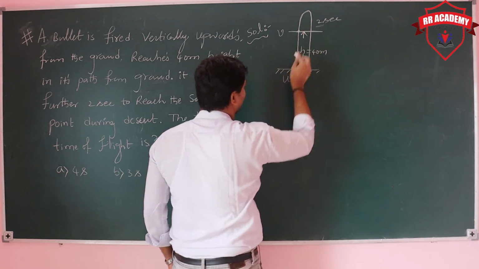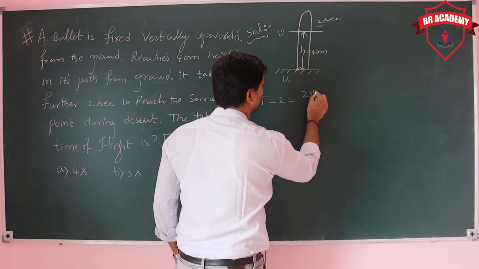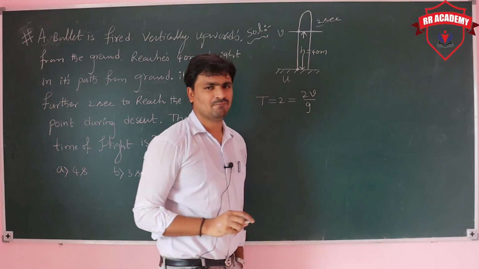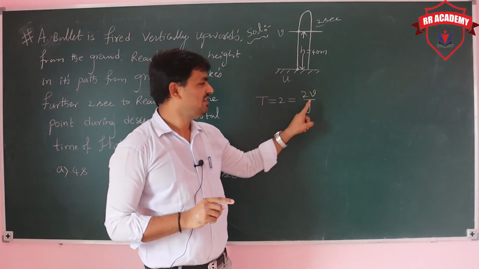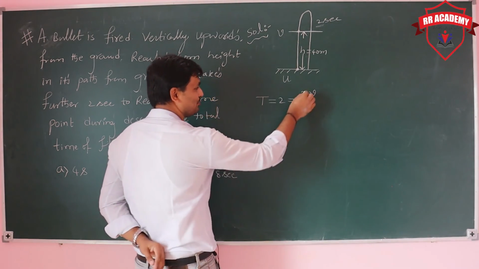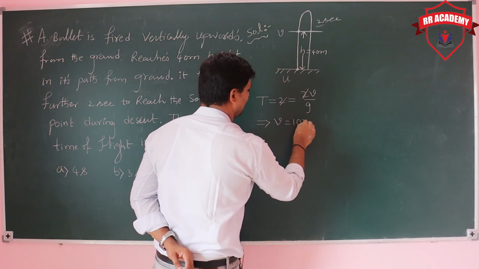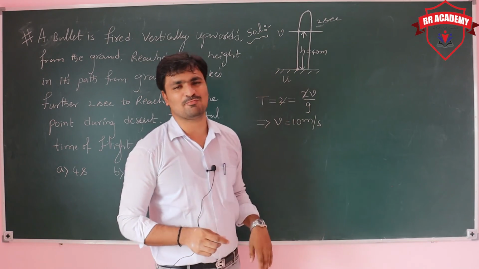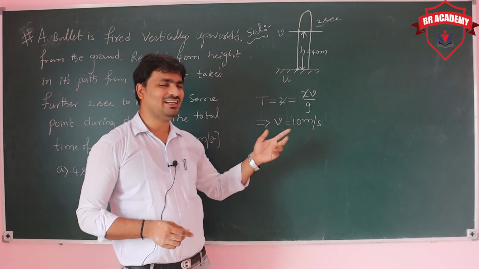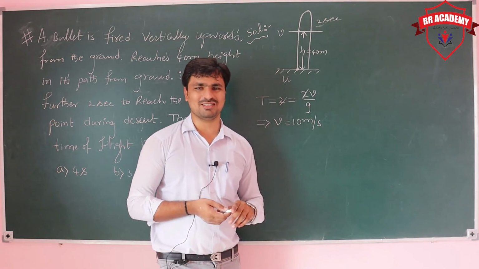So 2 seconds is equal to 2v by g. Then v is equal to 10 meter per second. When it crosses the 40 meters point, the velocity of the bullet is 10 meter per second.